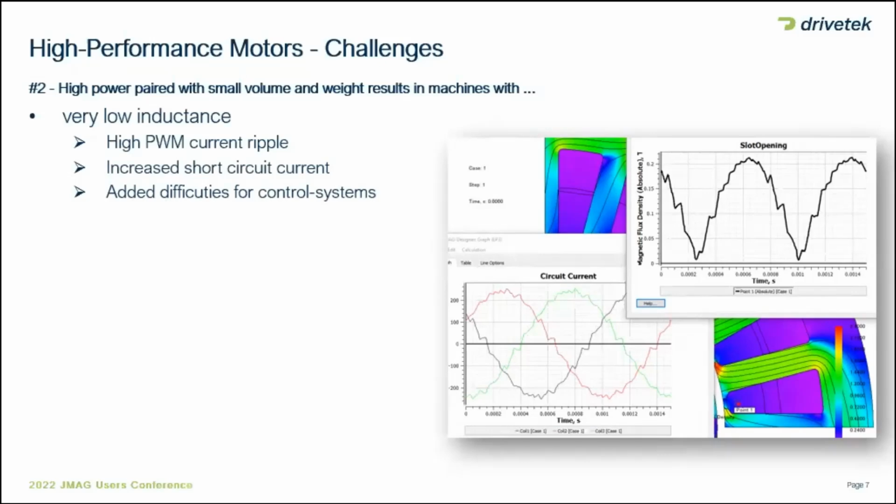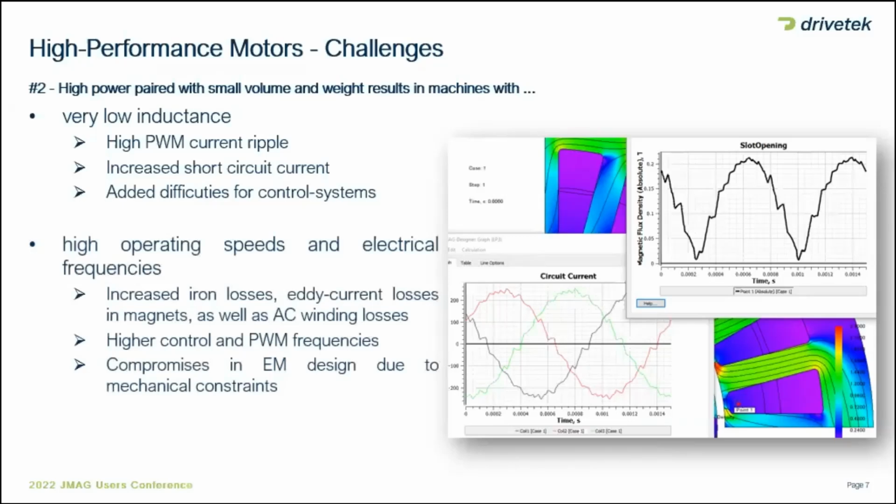It results in increased short circuit currents, which depending on the application may be a problem. And it adds difficulties for the control system because of the low inductance. With high ripple currents, measurement will be harder, and having a steady current vector will be more challenging.